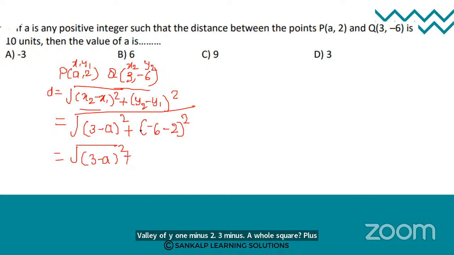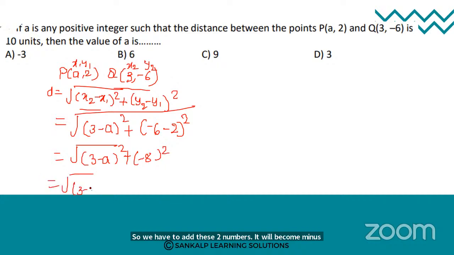Minus into minus, it becomes plus. So we have to add these two numbers. It will become minus 8 square. Right? Next, 3 minus a whole square plus 8 square means it is 64.